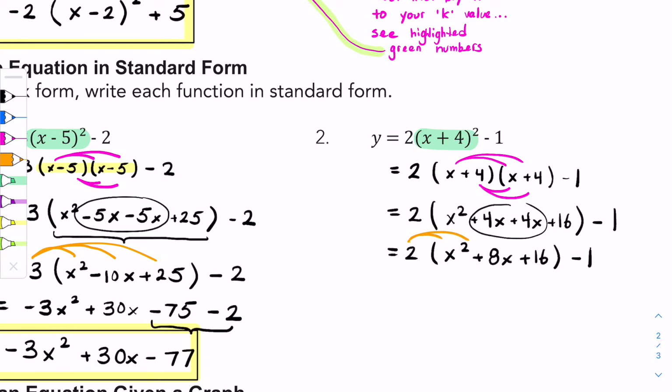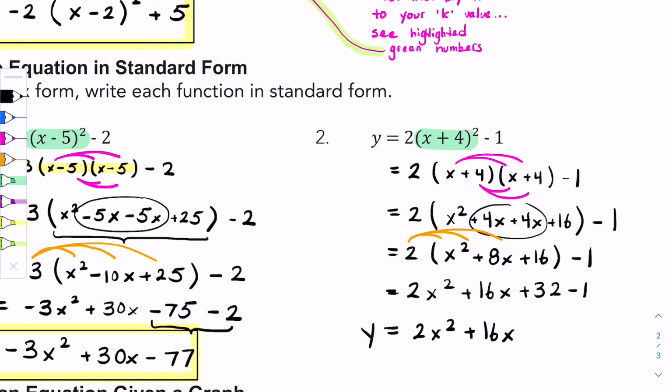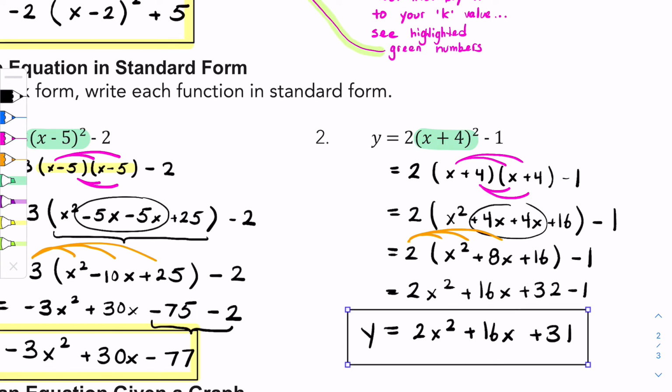Distribute your leading coefficient. 2x squared plus 16x plus 32 minus 1. And your final answer in standard form is 2x squared plus 16x plus 31. From vertex form to standard form, this here being your standard form equation.